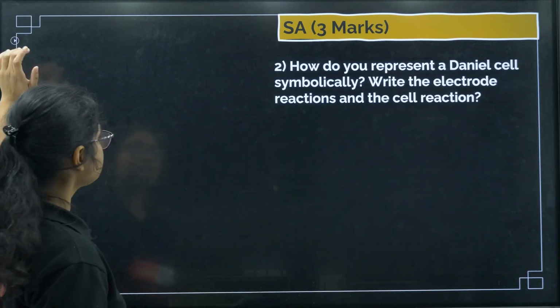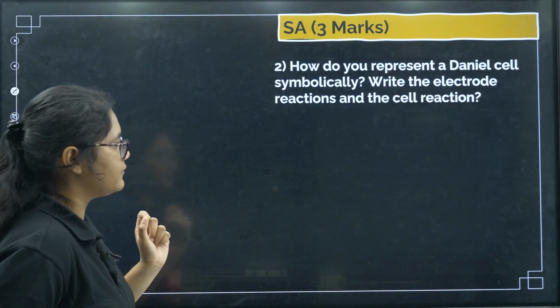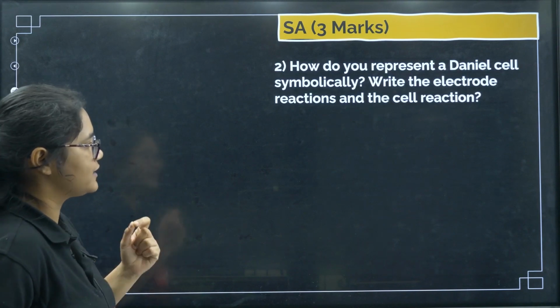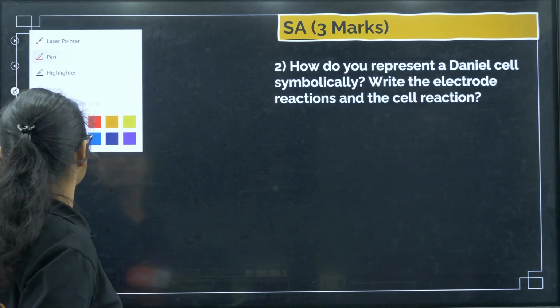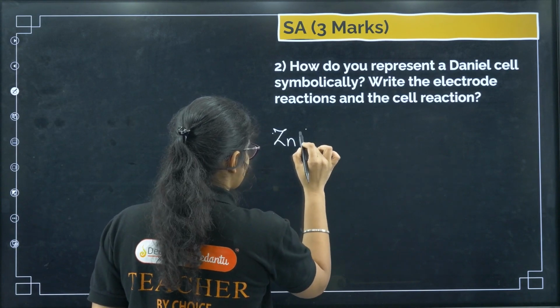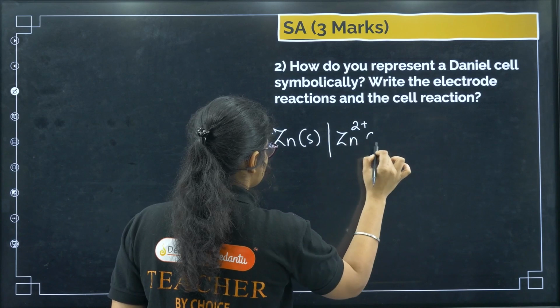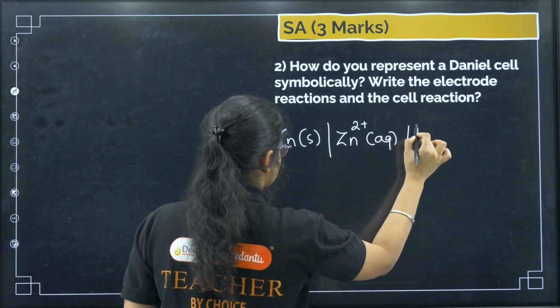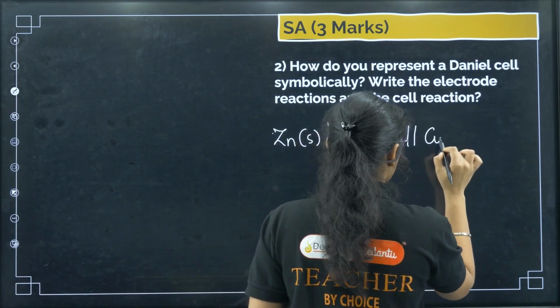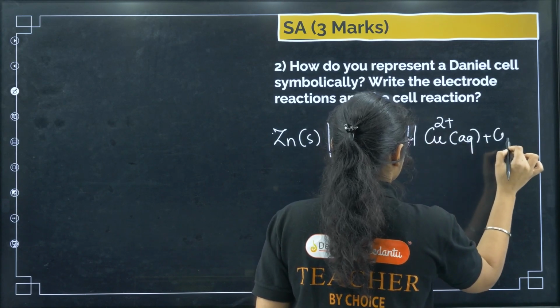Next, how do you represent a Daniell cell symbolically, and write the electrode reactions of the cell reaction? So the Daniell cell is your zinc-copper cell. It is represented like this: Zn(s) | Zn2+(aq) || Cu2+(aq) | Cu(s).